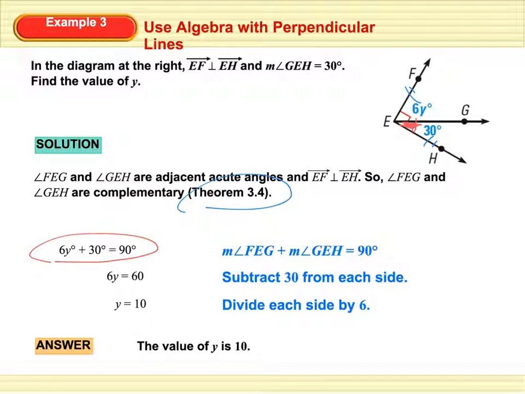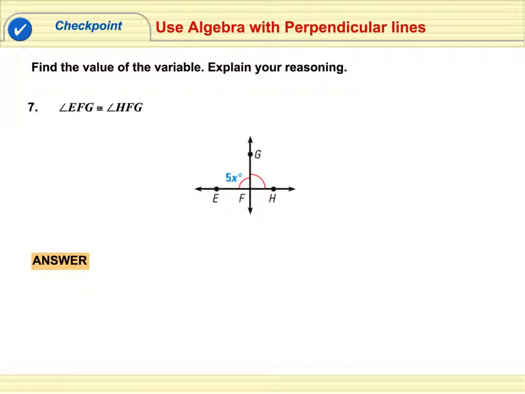And then if you solve that equation, you will arrive at the conclusion that the value of y is 10, which makes angle FEG 60 degrees in this diagram. Okay, so that's how we use algebra with perpendicular lines to calculate the degrees of a certain angle.